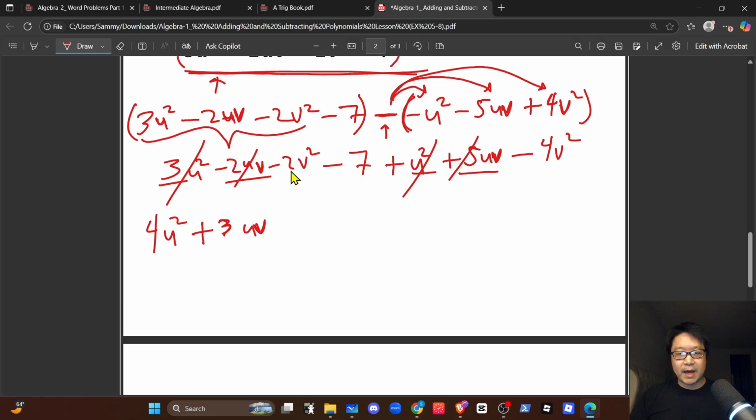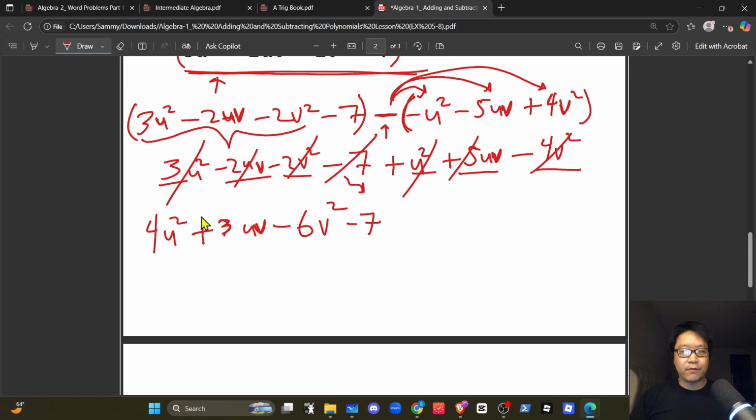And lastly, we have negative 2v squared and negative 4v squared. We have two negatives, so we can add. Negative 2 and negative 4 is going to give you negative 6, so negative 6v squared. And then lastly, we have this negative 7, which we can just pop off.